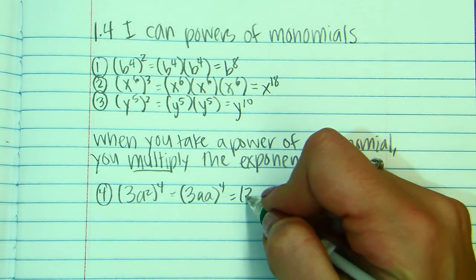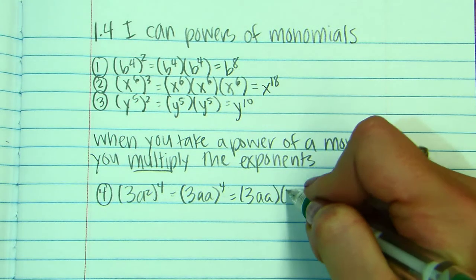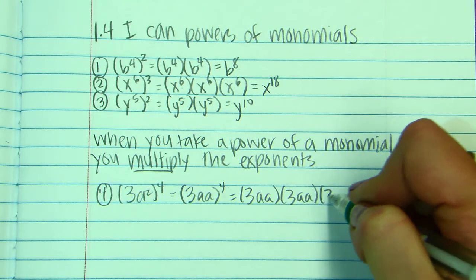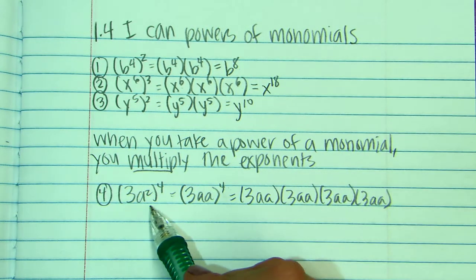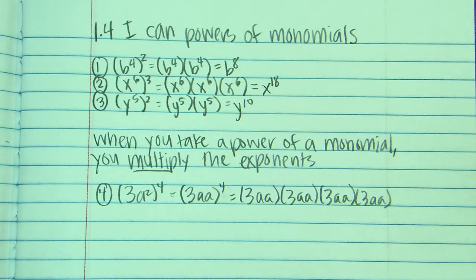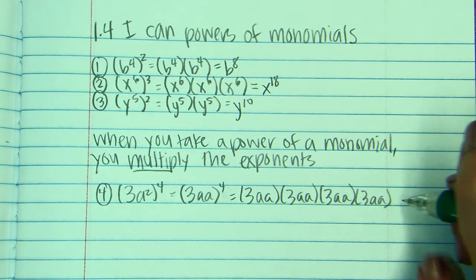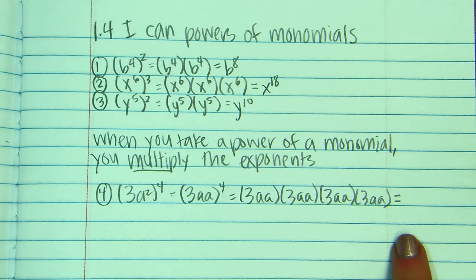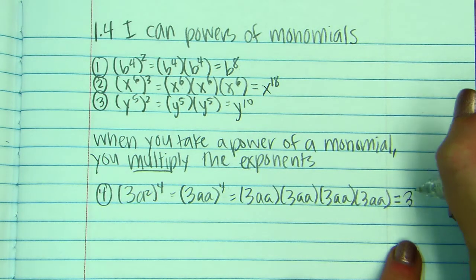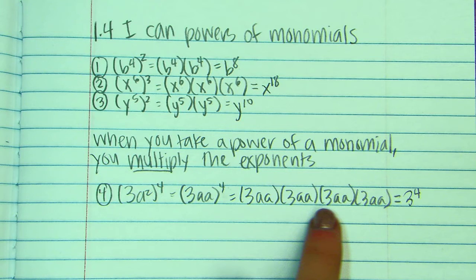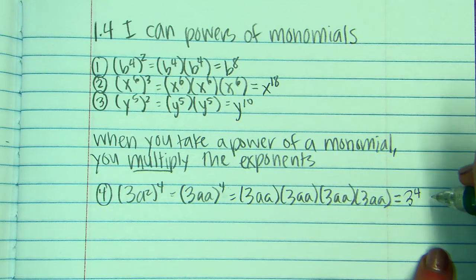So I have 4 factors of this whole thing. I took this and I wrote it out 4 times because I have the whole thing raised to the fourth power. So now when I simplify, I have 1, 2, 3, 4 factors of 3, and 1, 2, 3, 4, 5, 6, 7, 8 factors of a.